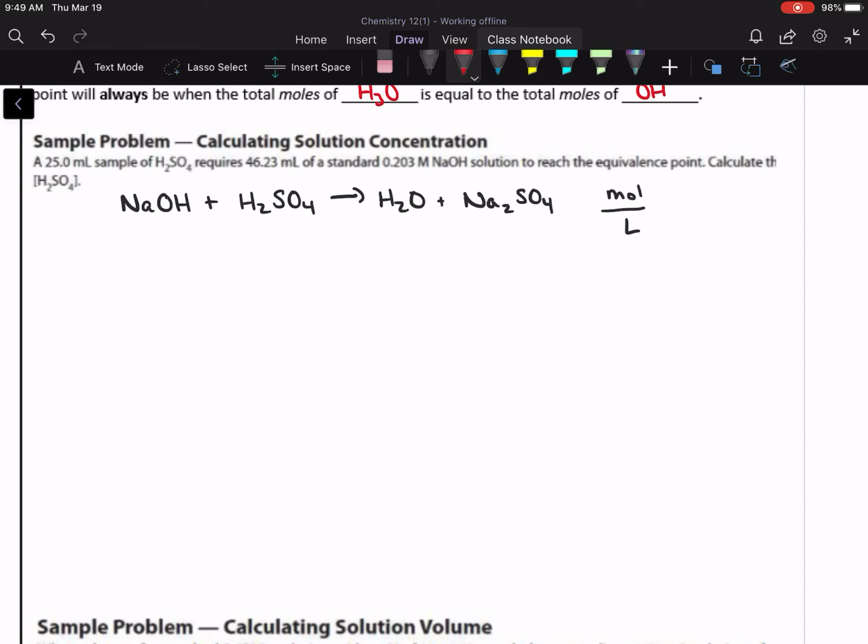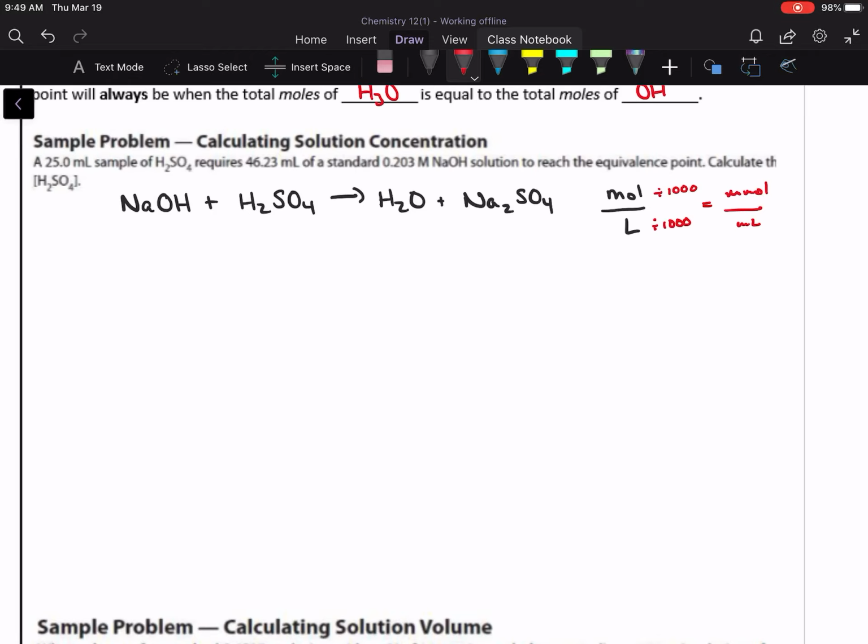Reminder, moles per liter is our concentration. If I just divide each of those values by 1,000, then a mole divided by 1,000 will be a millimole, and a liter divided by 1,000 will be a milliliter. So millimoles per milliliter is the same thing as moles per liter.